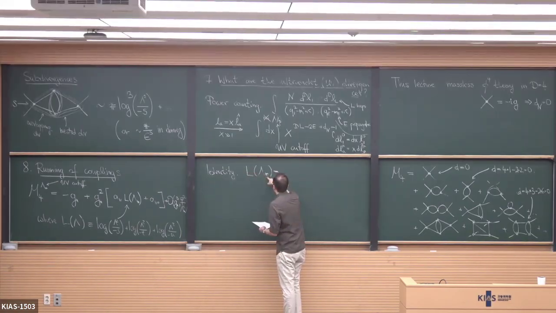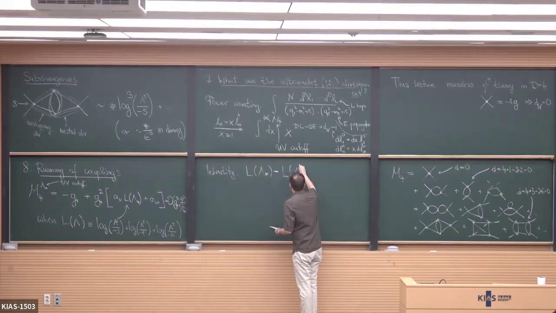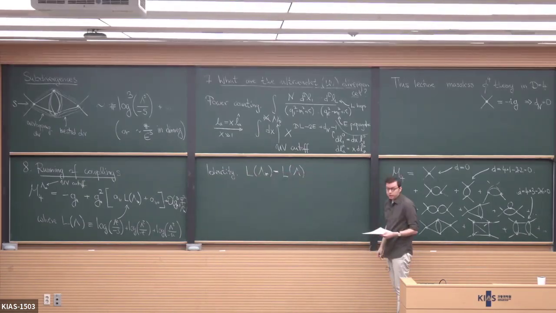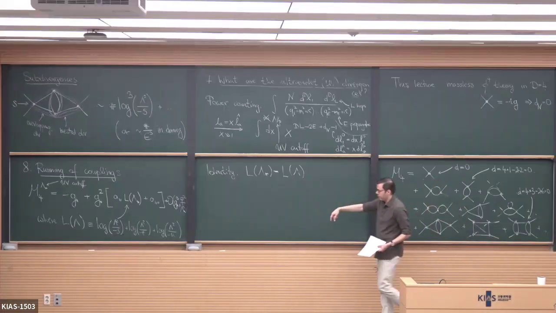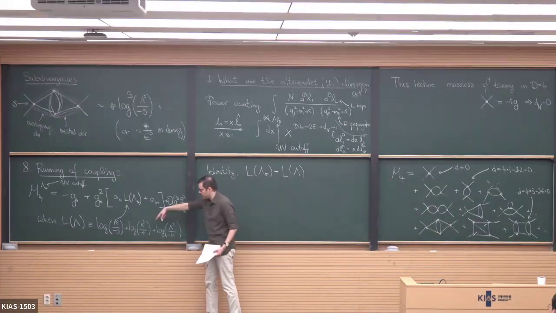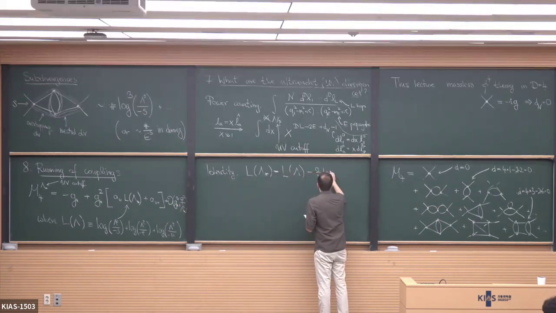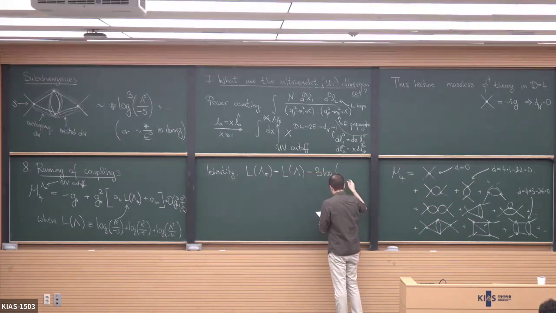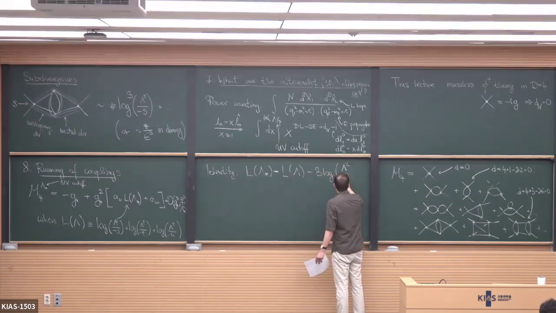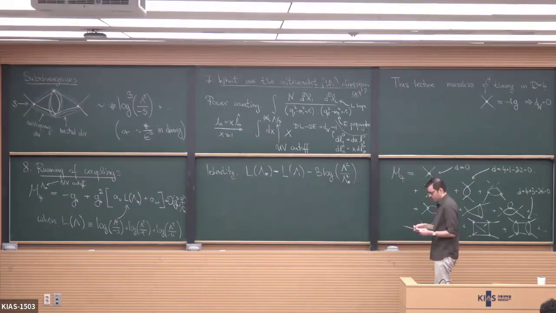If I have an L at one cutoff, let me call it lambda star, and L at another cutoff, they actually only differ because of the properties of the logarithms. They only differ by minus 3 log of lambda over lambda star. Okay, so what does it mean?